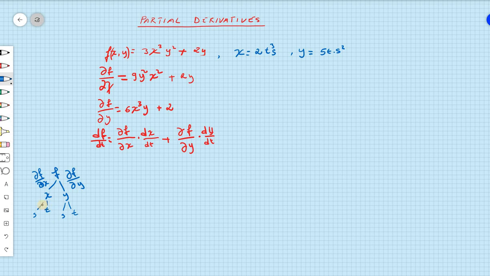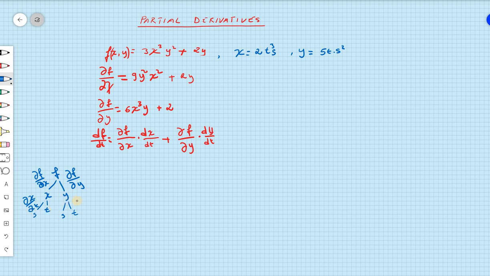So you have, instead of actual, you have partial x, partial t, right? Because they're asking you to get df dt. So partial x, partial t. If they ask you to do df ds, then you do partial x, partial s.